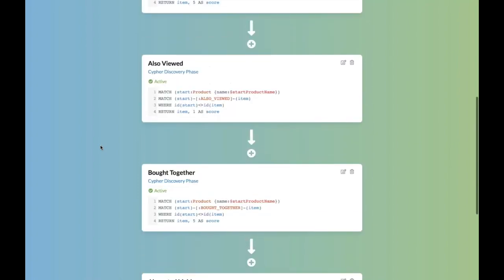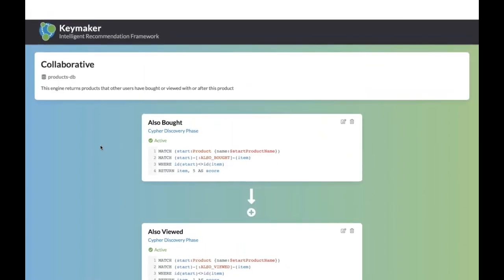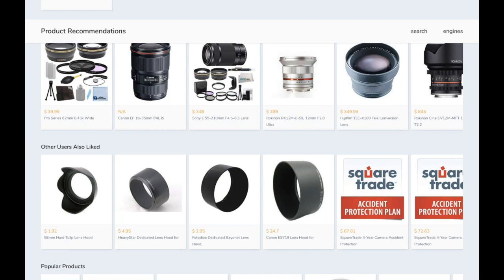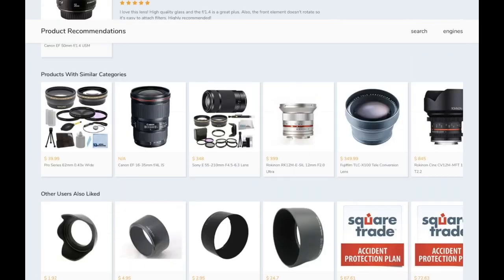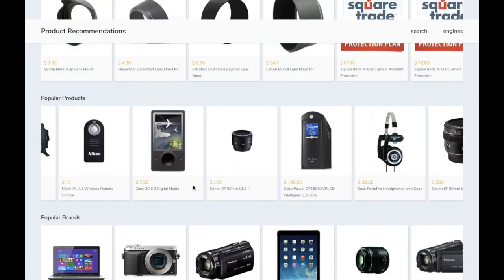So this is all discovery phase, but we build into this the concept of scoring automatically. So that's a taste of how Neo4j can do recommendations, and obviously do them in real time. All of this is calculated in real time based on what I click and what's in the graph, right?